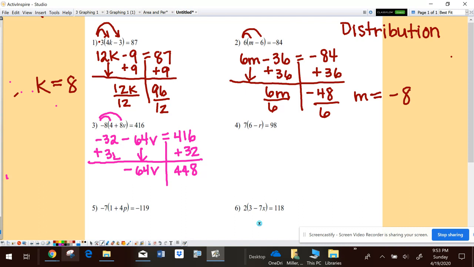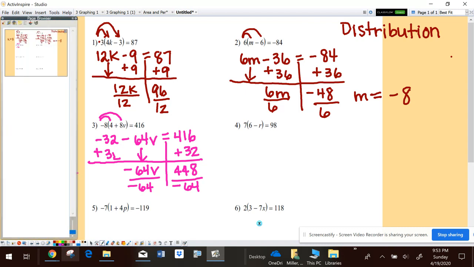And then what should I do next? Divide by negative 64, and my v equals negative 7.